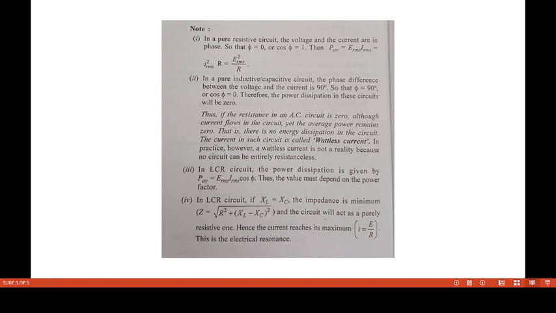So this is the end of our chapter. We have seen in the previous videos different types of circuits.